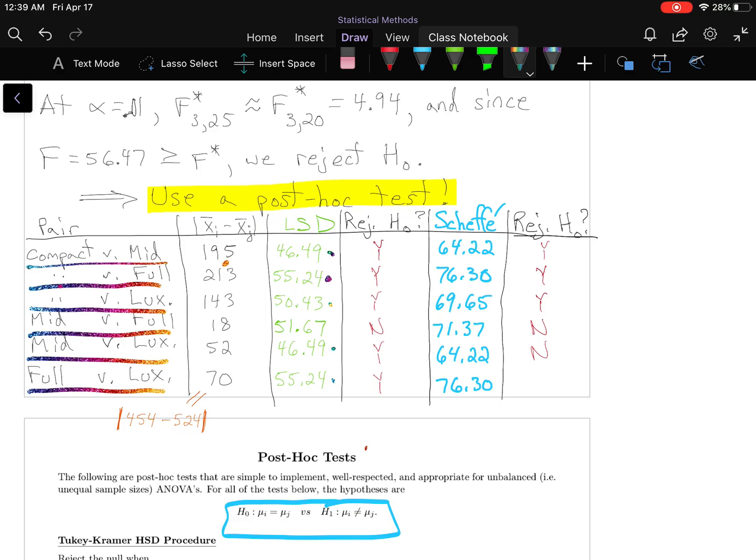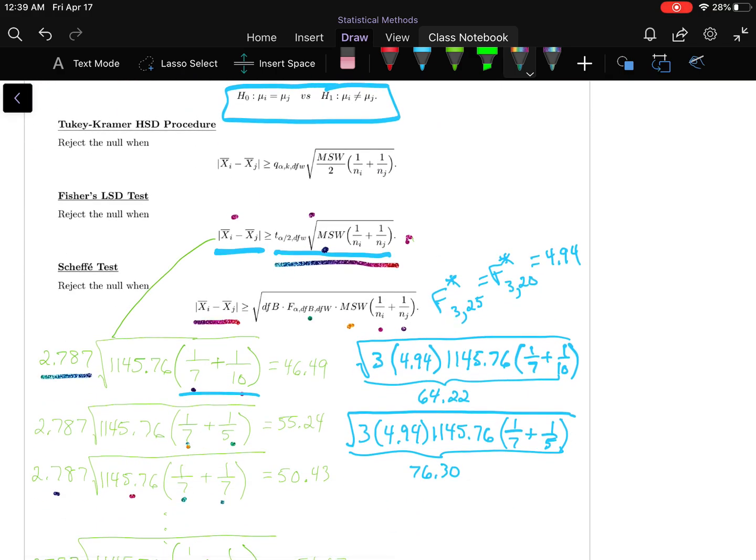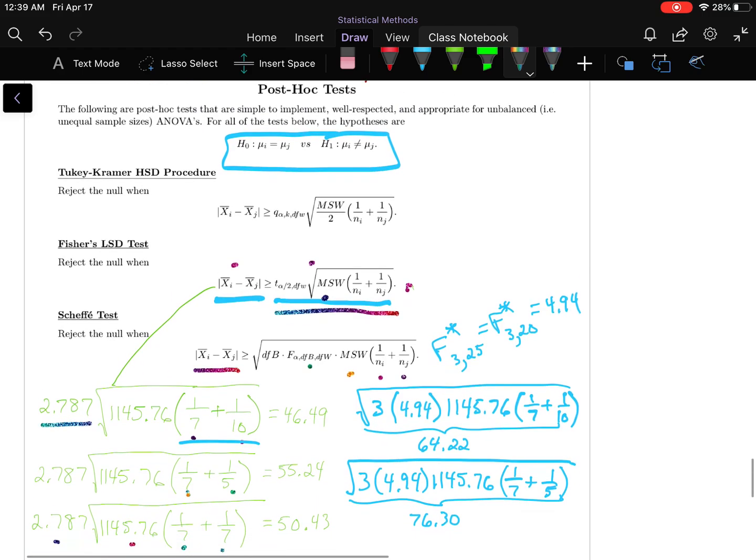Let's go ahead and see what happens when we look at the Scheffé test. So the Scheffé test, we already have the left side, the absolute difference of the sample means for each of the pairwise comparisons. On the right, we need a square root of the between degrees of freedom, which is 3. We need inside the F critical value at alpha, not alpha over 2. So 0.01.